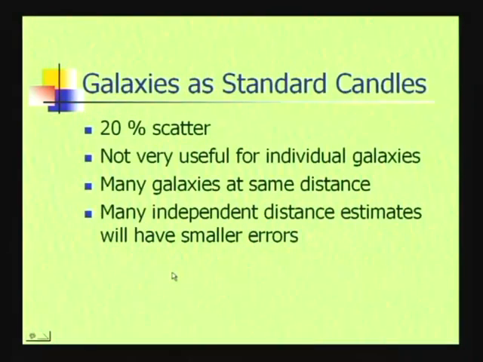Now if you use galaxies as standard candles, the problem is that there is around 20% scatter. If you measure, for example, the rotational velocity of a spiral galaxy and use that to predict the luminosity, then you will find that for the same rotational velocity, the luminosities will not always come out to be exactly the same value; there will be a 20% scatter.